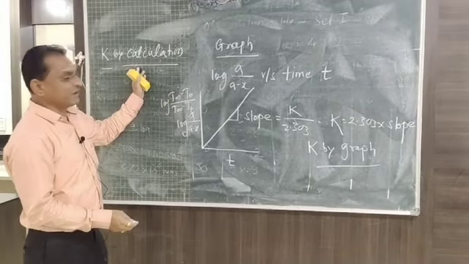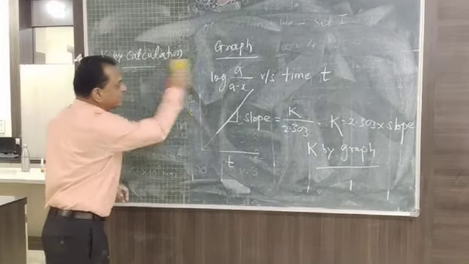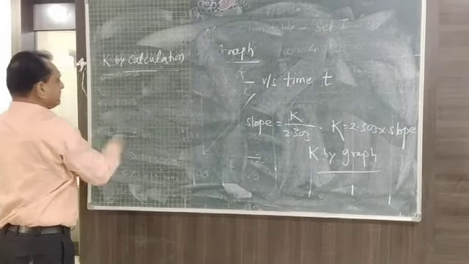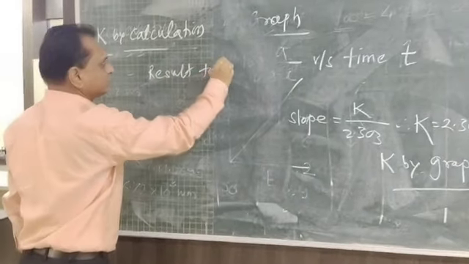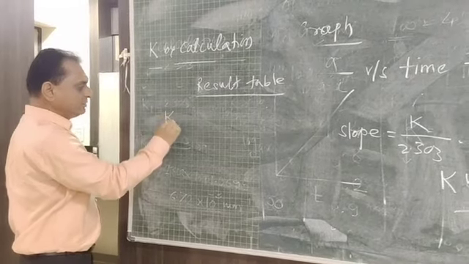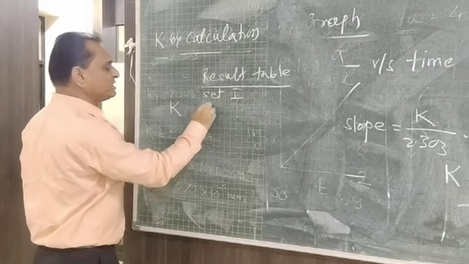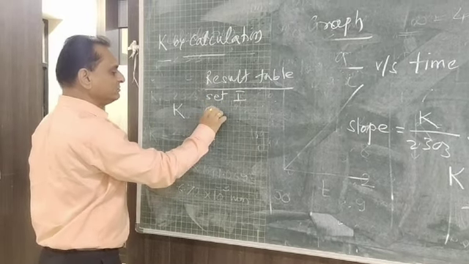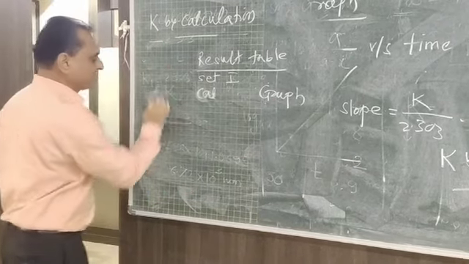So we have the K value by calculation and the K value by graph. And finally, we have to represent our result table like this. We have the K value for set 1, that is by calculation, and from the graph you have to put it here.